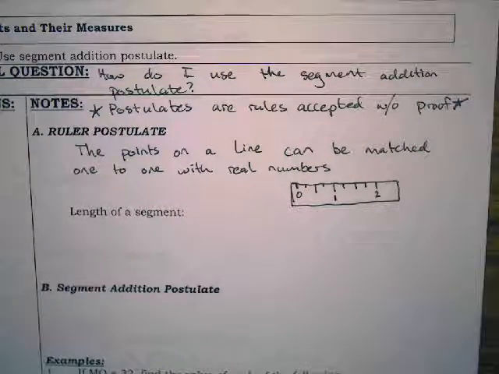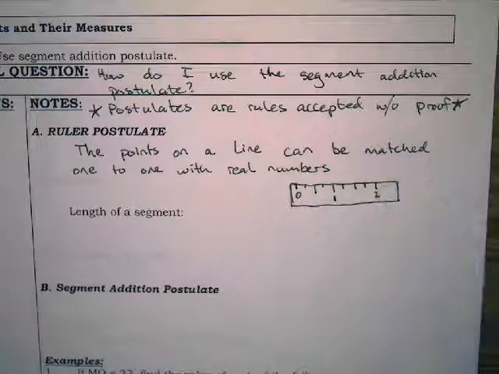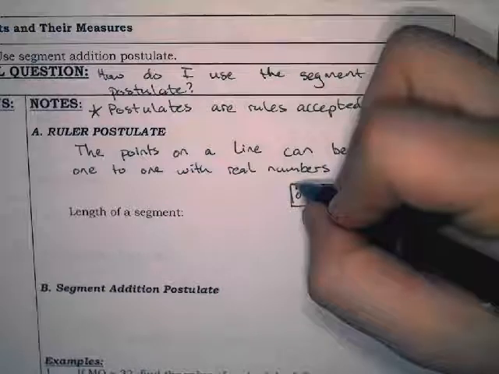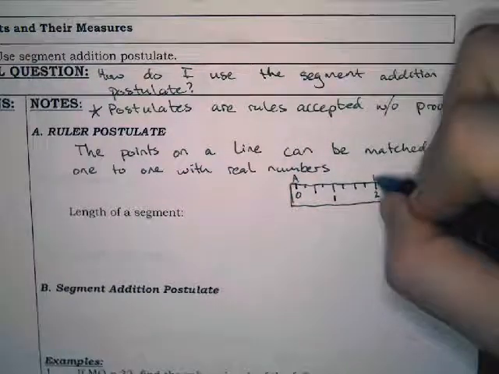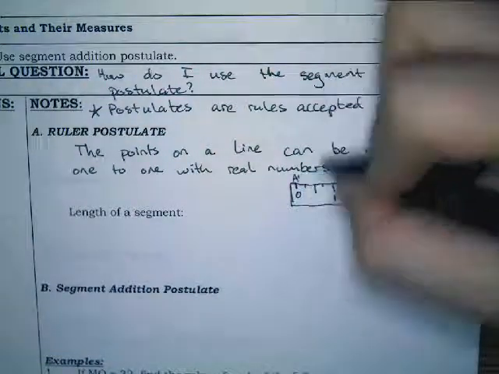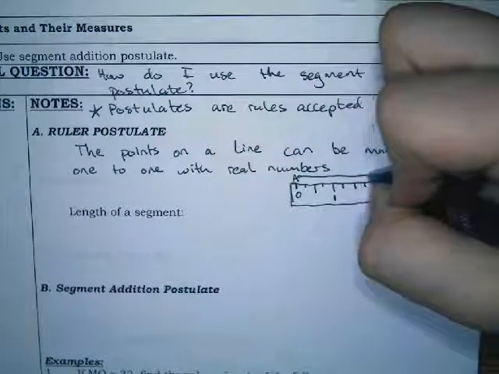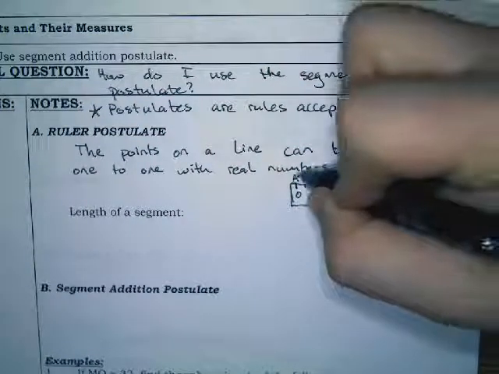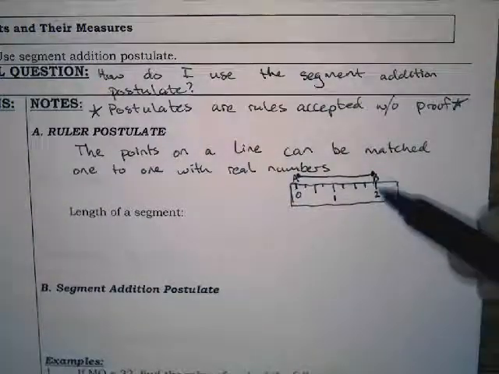I could assign the numbers with letters. So I could say this is point A and this is point B. And then I can go from point A to point B. I could say A is 0 and B is 2.